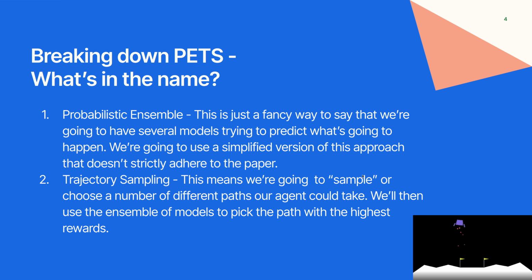And then we're going to do something called trajectory sampling, which again sounds complicated. All this means is that we're going to randomly pick a number of different action sequences that the agent could take. So we might pick 100 different action sequences and then run them through the ensemble of models.